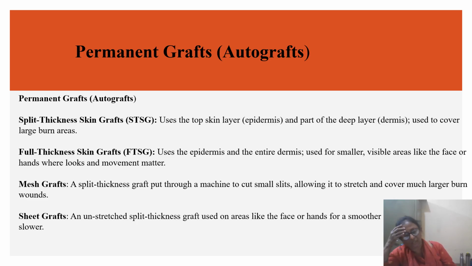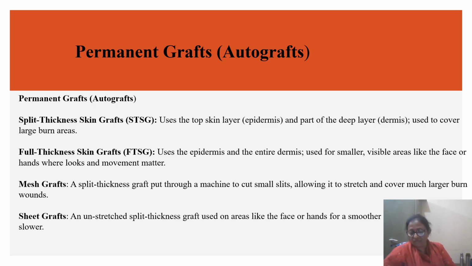So full thickness skin graft includes epidermis and all of the dermis, majorly used for reconstruction. So the donor site will also need grafting. Split thickness skin graft leaves some dermis at the donor site, which allows that site to heal.